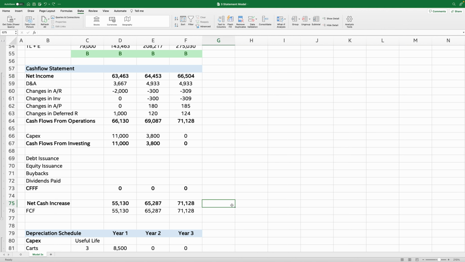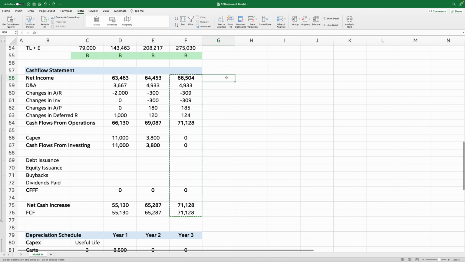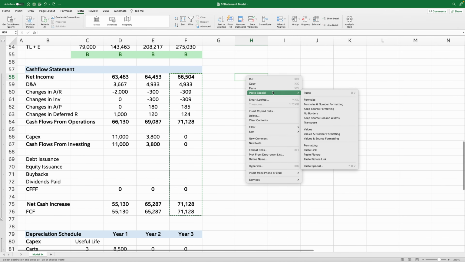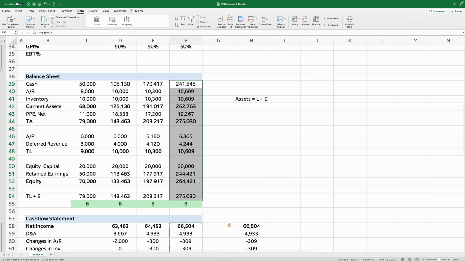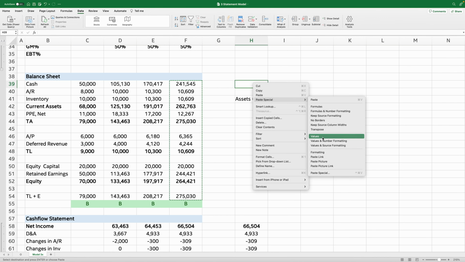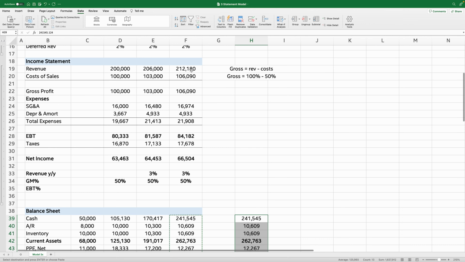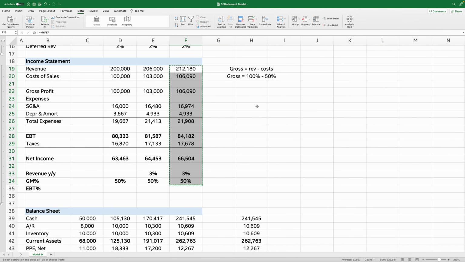So let me hard code this so we can just see. Let me paste this as values over here. I'm going to paste these values. I will take this and paste it as values.